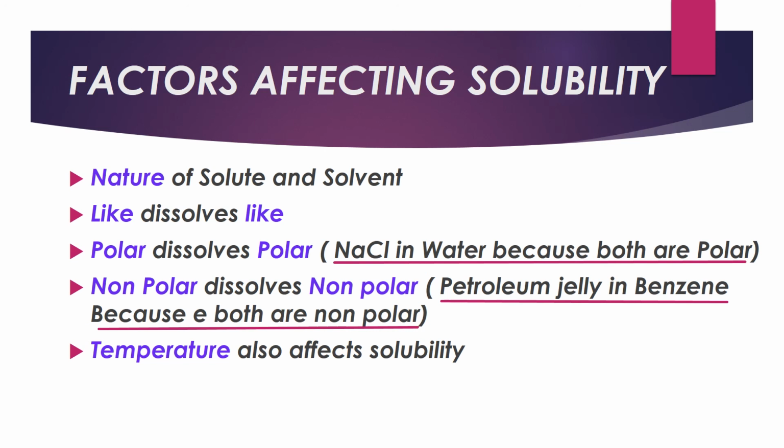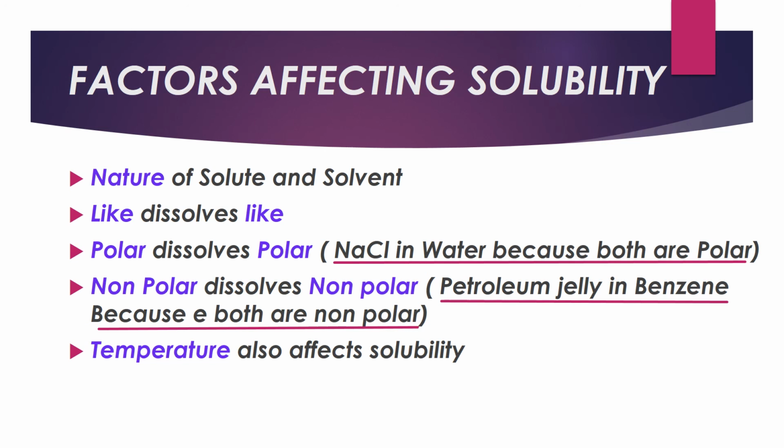And second thing, like dissolves like, which means the same thing dissolves the same thing. Polar dissolves polar, like sodium chloride in water, because both are polar. Polar means they have ions, they have poles at their ends, either negative or positive charges. And non-polar dissolves non-polar, like petroleum jelly in benzene, because both are non-polar.